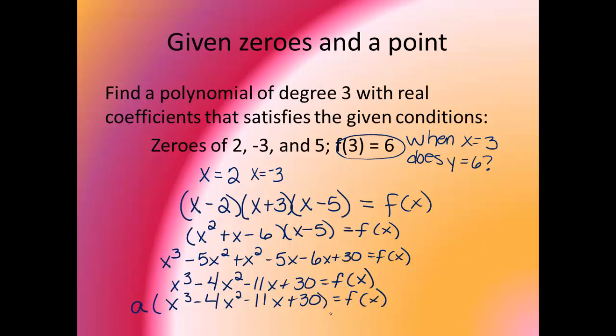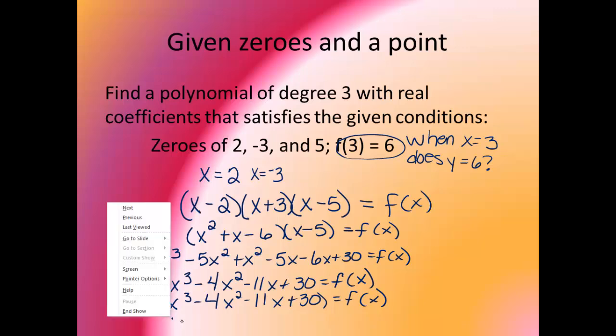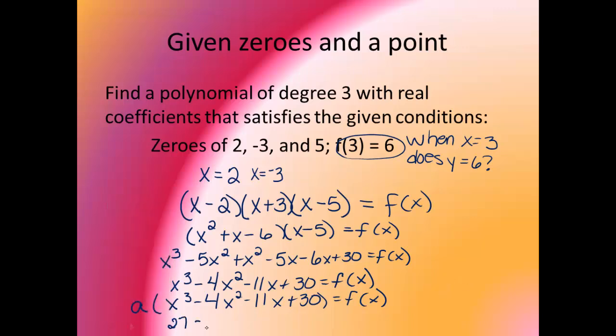If I check this really fast, if I plug in 3 here, this becomes 27 minus 3 squared is 9, 36 minus 33 plus 30.